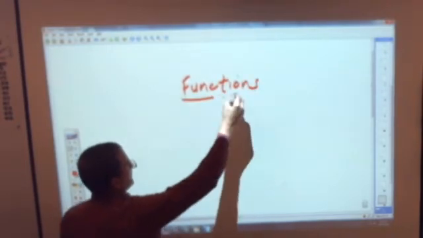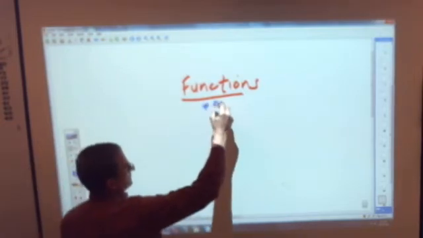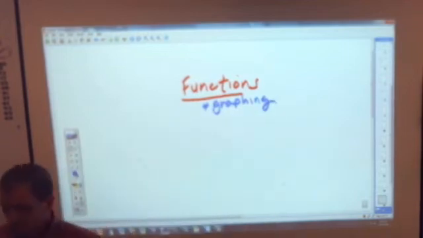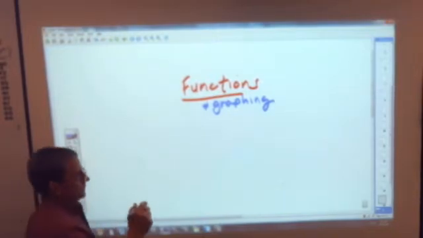And the little subheading under that is graphing them. Let's see what it says. We'll write down this is the definition from the book.